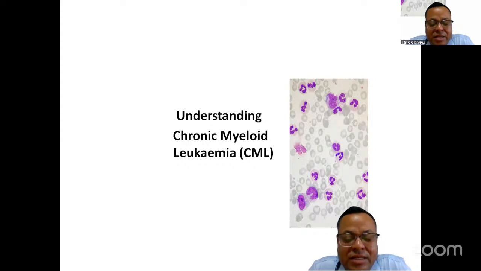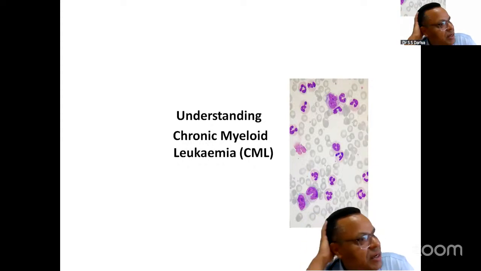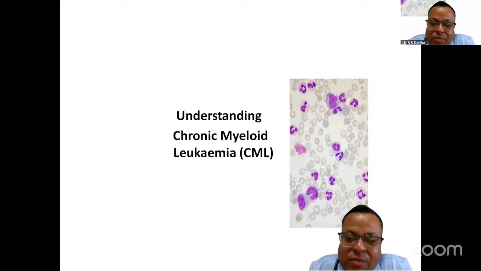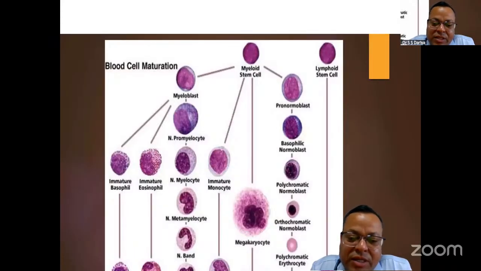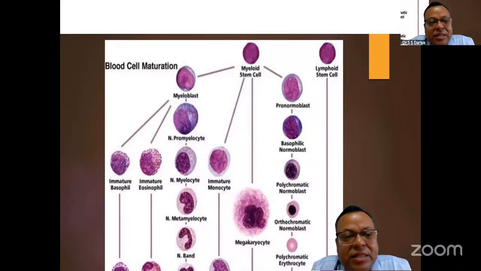Today we'll see about CML. We know that chronic myeloid leukemia is one of the malignancies of blood that has been treatable in the last 20 years. As we all know, there are myeloid stem cells and lymphoid stem cells. Through them there are the myeloblast, pronormoblast, and further maturation, and then they become their own cells.